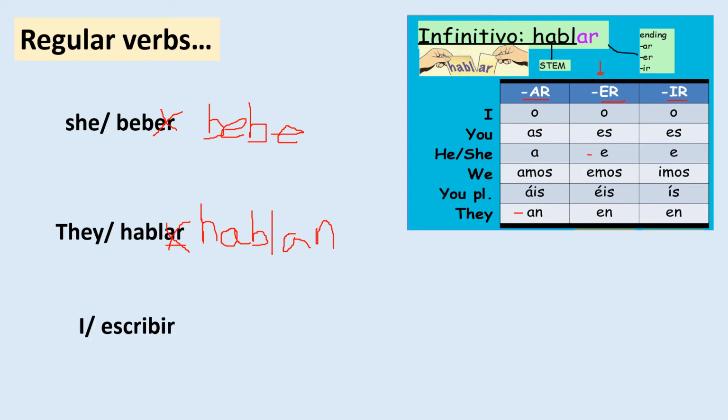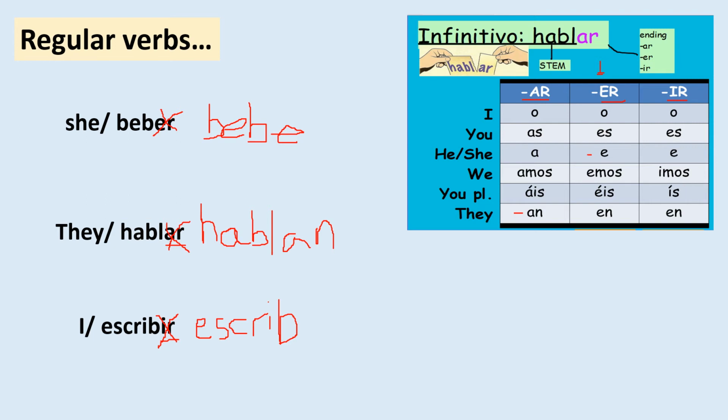Let's do another one. I for escribir. So I have the infinitive escribir, to write, which ends in -IR. And the first thing I'm going to do is remove the ending, so bye-bye -IR, and I am left with escrib, which is my stem.